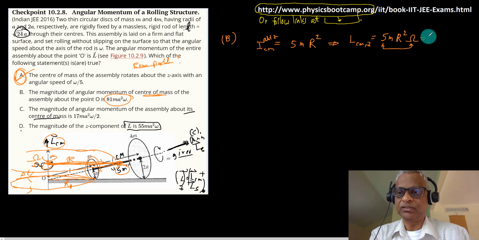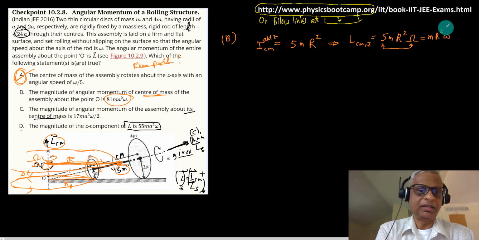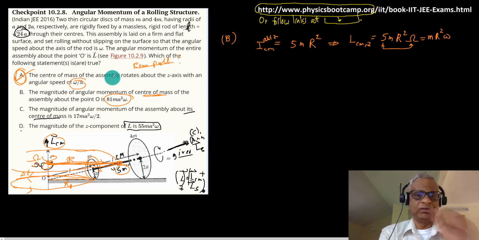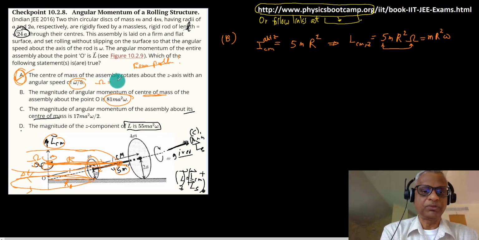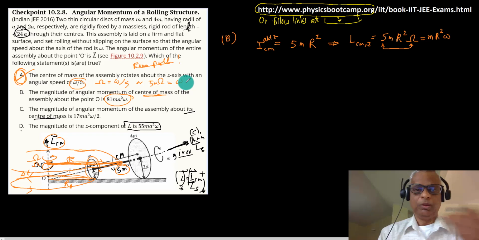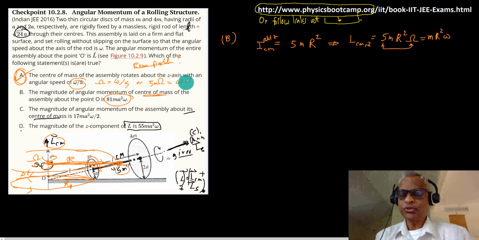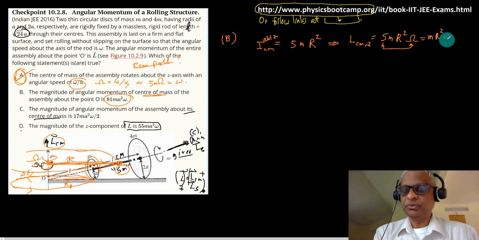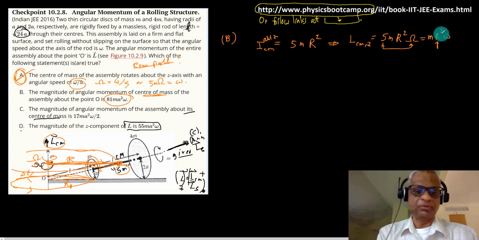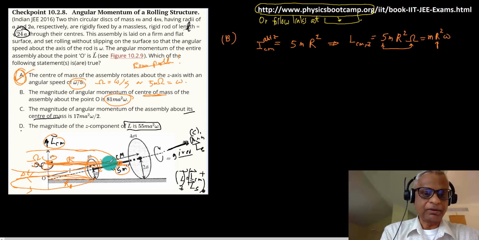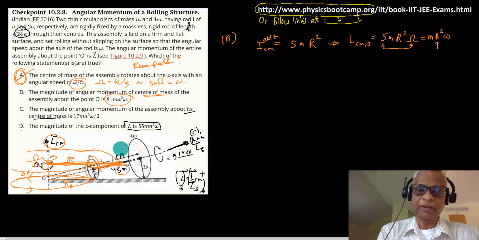So that equals mR squared omega. That's from here. This one we had solved, capital omega equals little omega over 5, or 5 capital omega is little omega. So here we need to figure out what the R will be. What's that R? We can find the center of mass location.